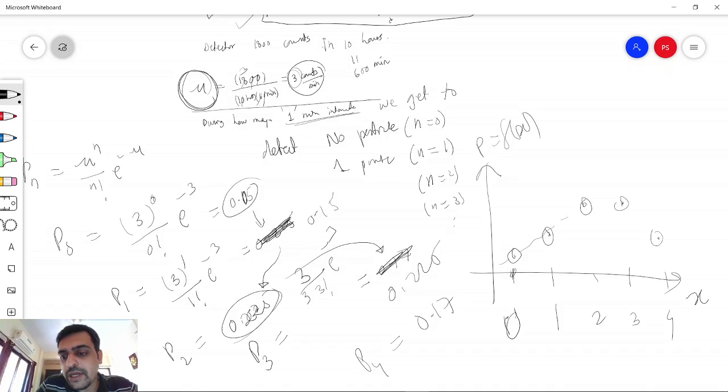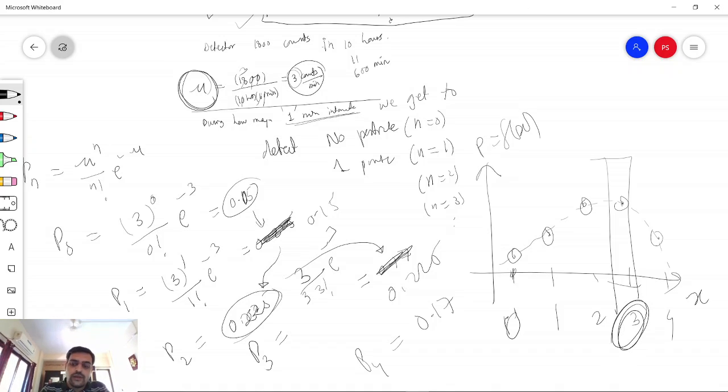So this is a typical distribution, and we see that it has its maximum value for n equal to 3, which is also the mean value of this distribution. This example makes it clear how the Poisson distribution is used to study such types of problems.